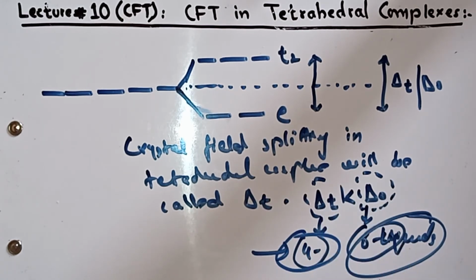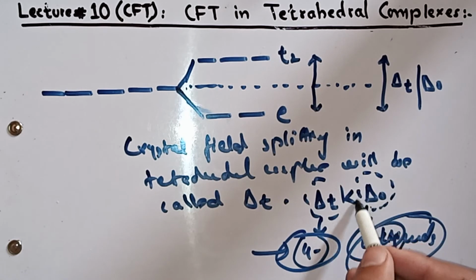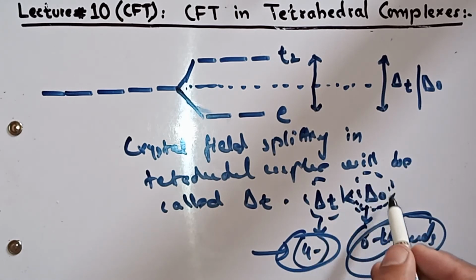Another reason for delta T being less than delta naught is that in delta naught the ligands are approaching along the axes, where the Eg orbitals are also lying, so effective interaction will be present.